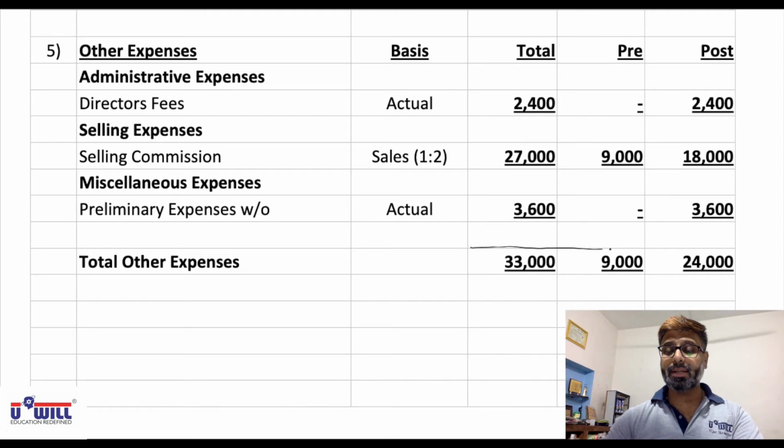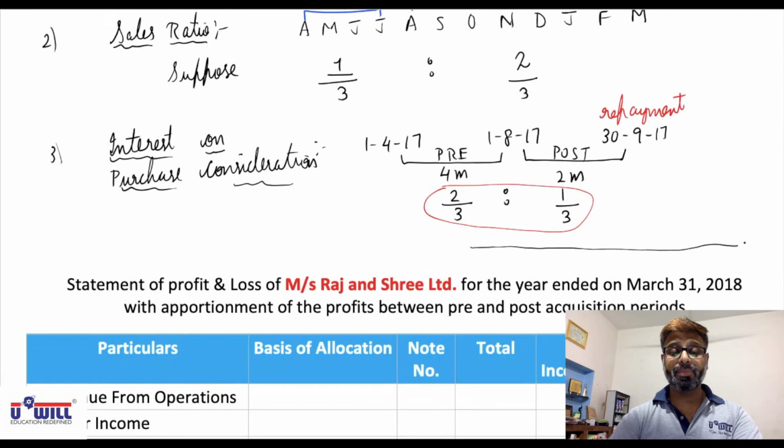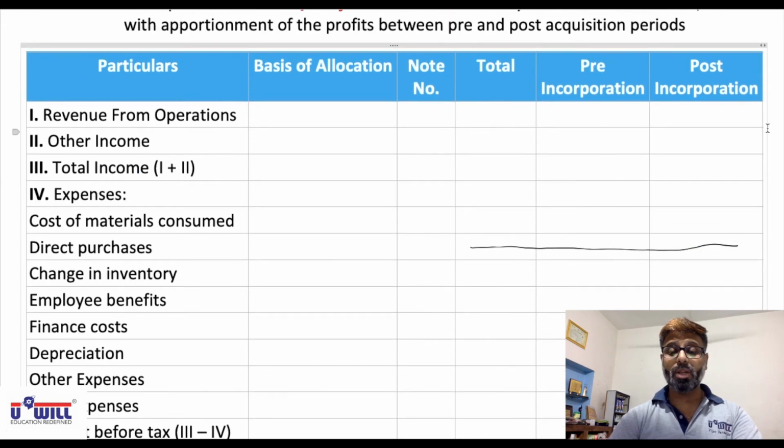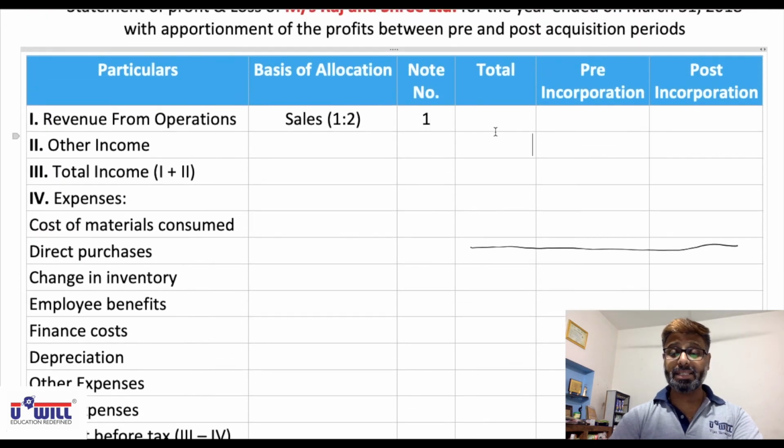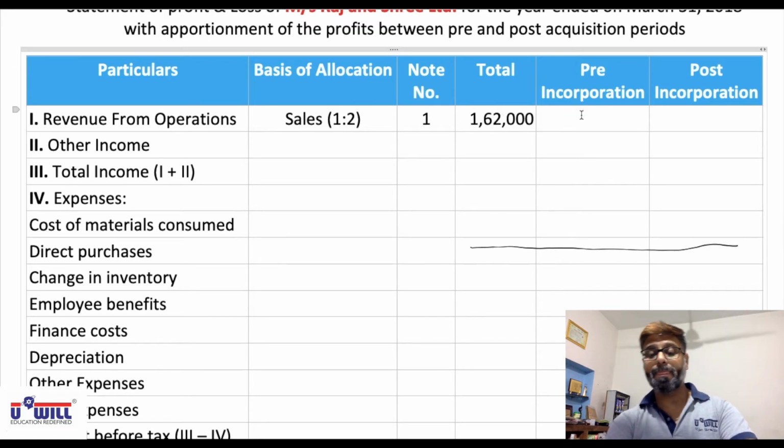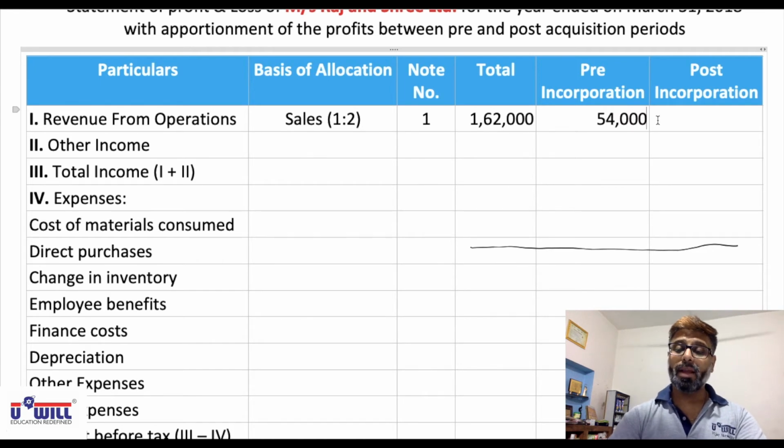All the notes are done. Now we'll put the amounts in the profit and loss statement, filling in the blanks. Revenue from operations will go on sales basis, that is 1:2. In note number 1, you can see the amount of gross profit is 1,62,000. Now 1,62,000 into 1 by 3, so 54,000, and 1,62,000 into 2 by 3, that is 1,08,000.